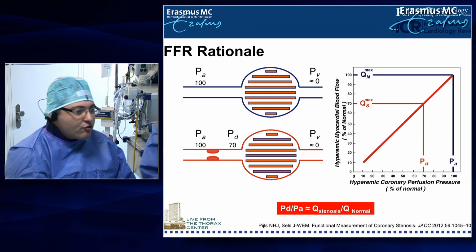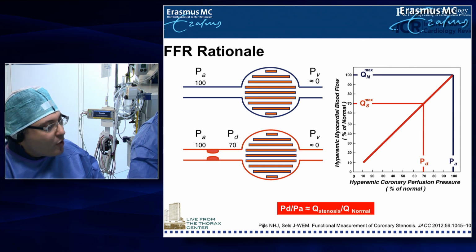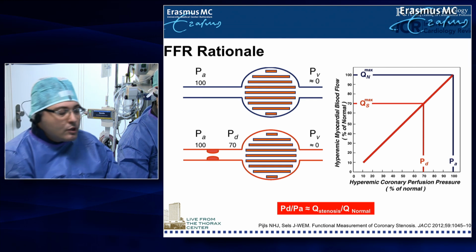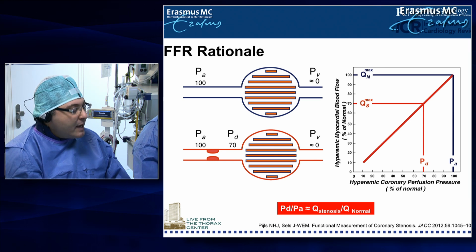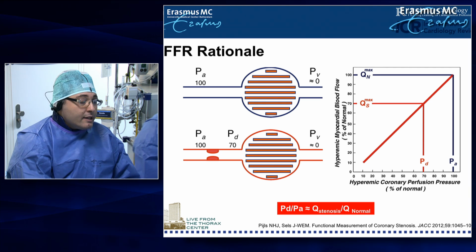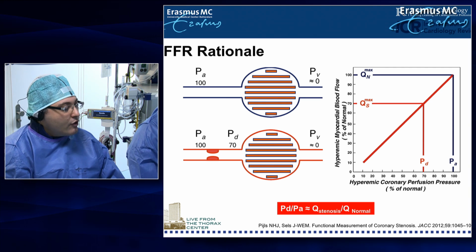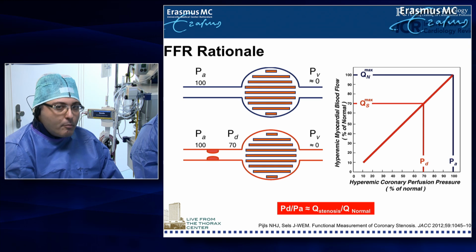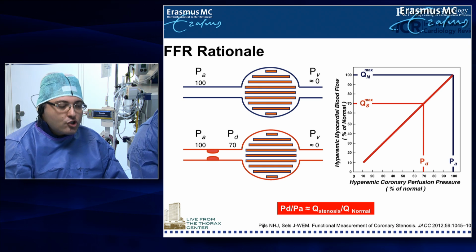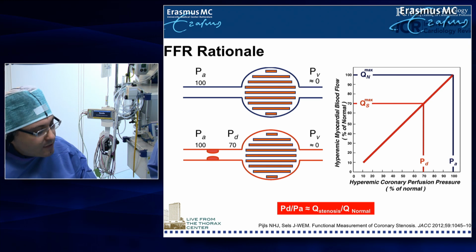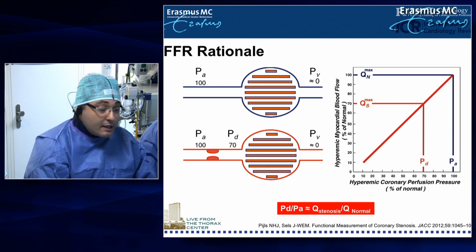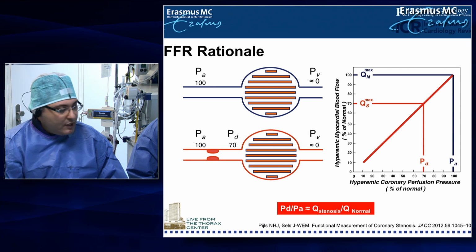It means that we are measuring a ratio between pressures proximally and distally to a coronary stenosis, and we know that when there is maximal hyperemia, the pressure has a direct correlation with flow. So measuring a drop in pressure means measuring a possible drop in flow distally to a lesion. And that is what we are doing with FFR.